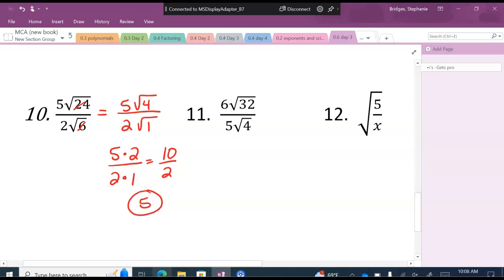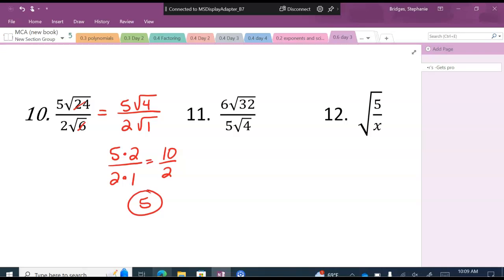I could also, if that confuses me, do it exactly the way that we've been doing it. If I were going to do it the way I've been doing it, what would I multiply the top and the bottom by? The square root of 6. The only difference is I'm going to have some bigger numbers that I have to deal with.